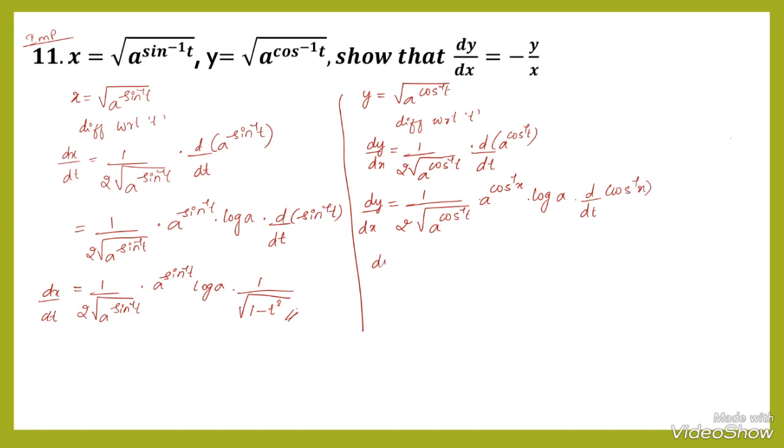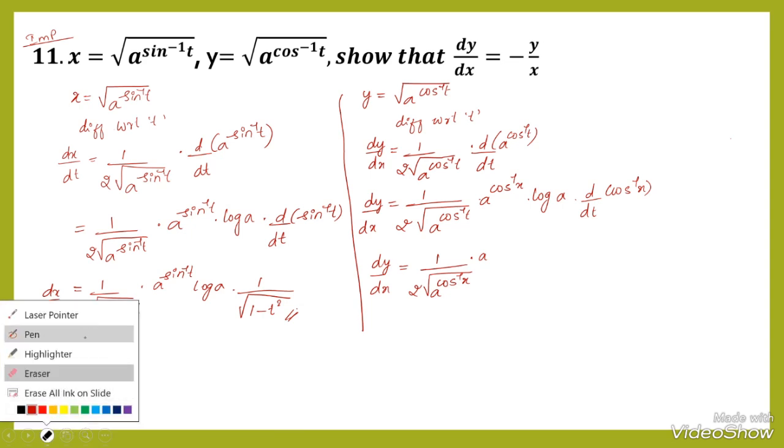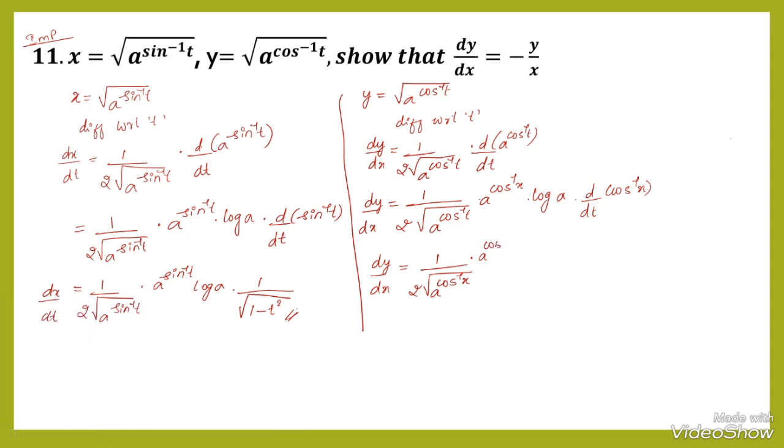Now dy by dt is equal to 1 by 2 root of a to the power cos inverse of t into a to the power cos inverse of t log a, and the differentiation of cos inverse is minus 1 divided by root of 1 minus t square. Now we have dx by dt and dy by dt.